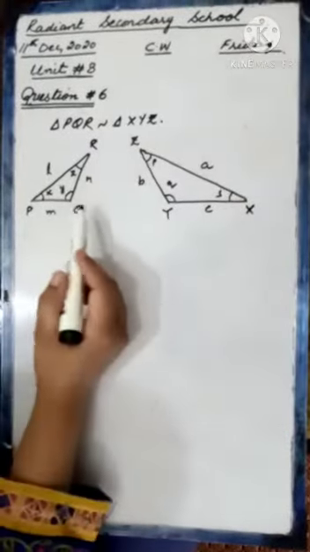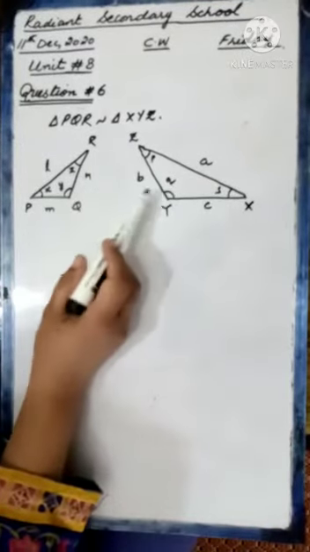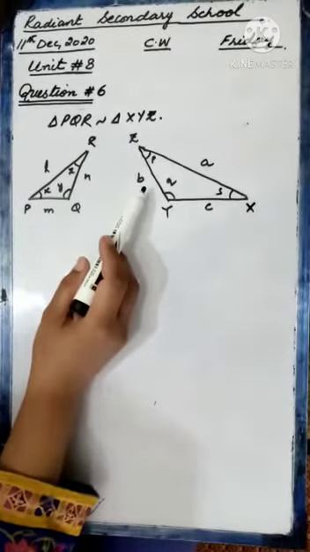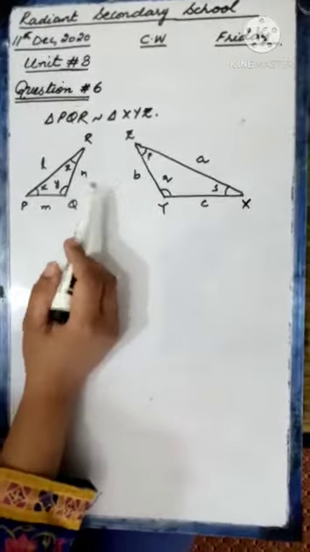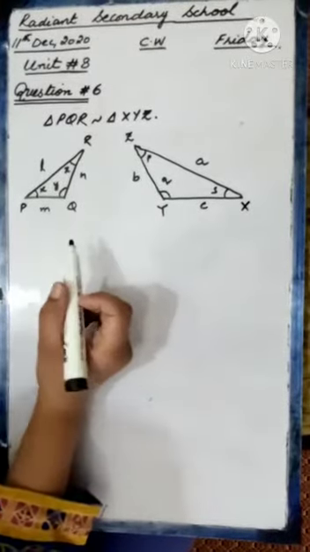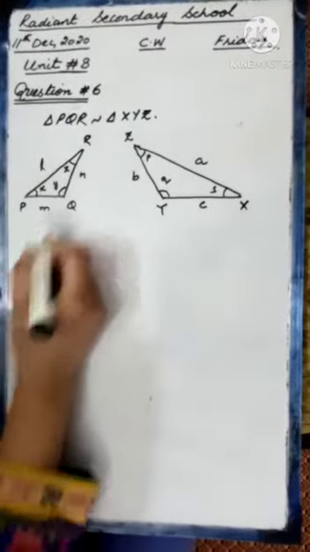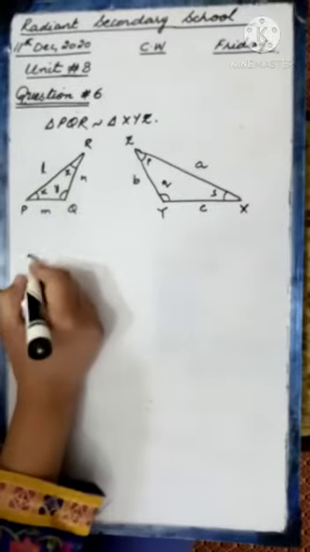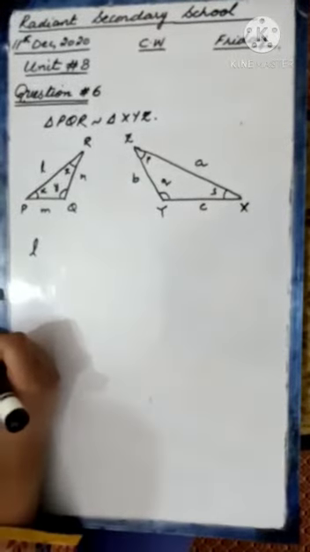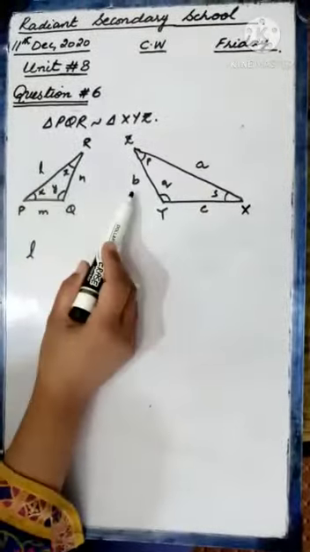Now, according to the property, if the figures are similar, it means the ratio of their corresponding sides is equal. So we can say this side is L. Now what is the corresponding side of L? Is it B?